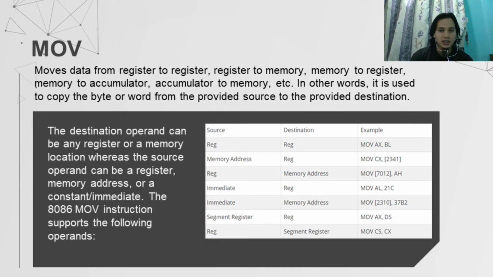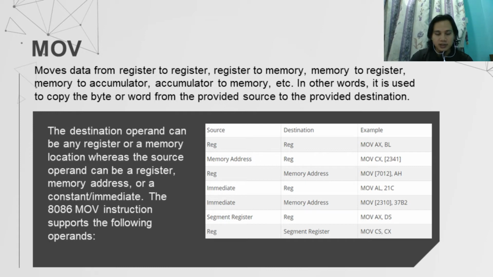In other words, it is used to copy the byte or word from the provided source to the provided destination. The destination operand can be any register or a memory location, whereas the source operand can be a register, memory address, or a constant or immediate.